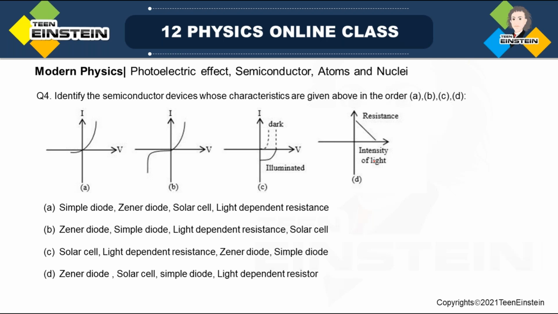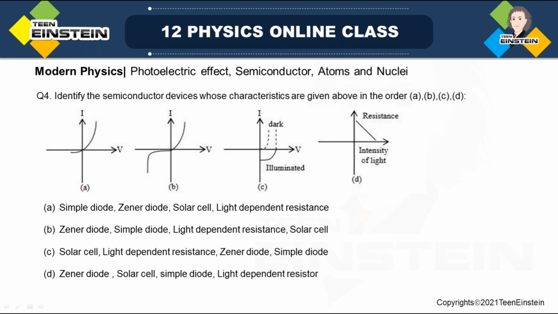Here there are devices like simple diode, Zener diode, solar cell, light dependent resistor. You have to match, whether this one is for a simple diode, or Zener diode, or solar cell, or a light dependent resistor, or something else.